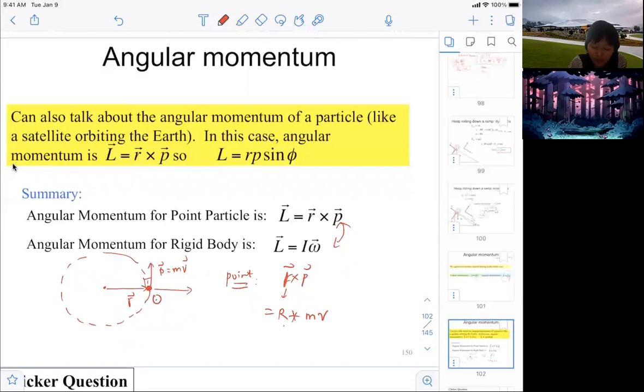And you can see my v is omega r, right? That's the relation between v and omega. So I can put m r squared together and omega together. You can see for a point particle, the rotational inertia is m r squared, that is I, times omega. So you can see these two actually give you the same results. It's just when you're dealing with point particles, we tend to use this definition, and when dealing with a rigid body, a continuous distribution, we use a different expression.